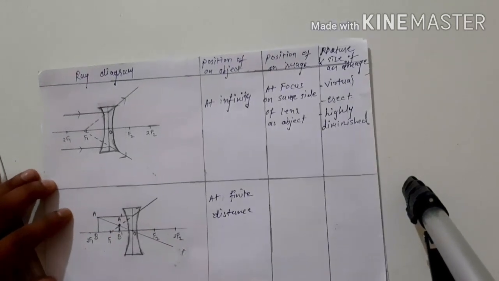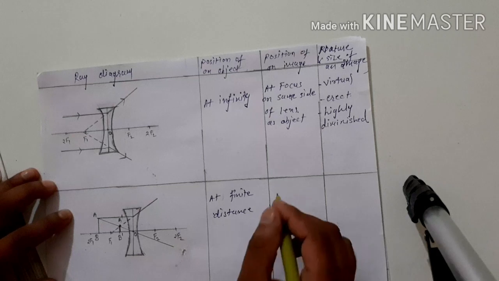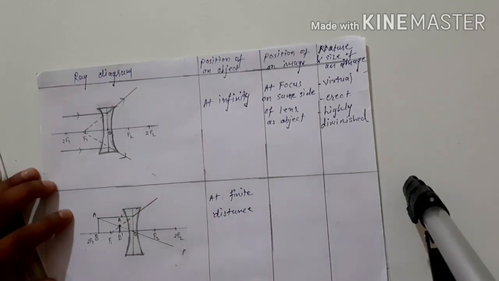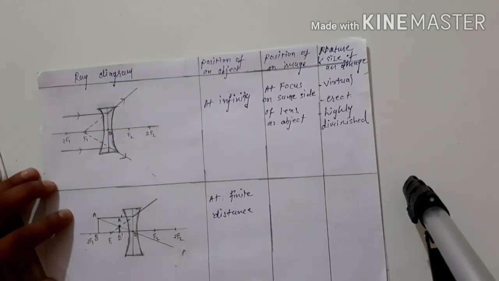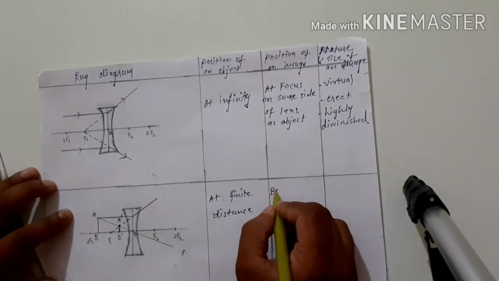So here AB intersects at this point, that will be our A dash B dash. Here the image is between the optical center O and f1. So where is the position of the image if the object is placed at finite distance?